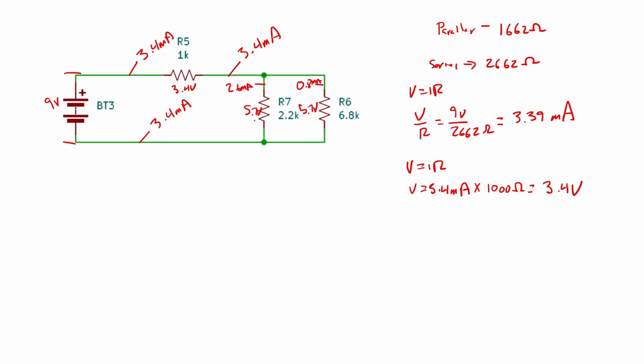Now this part, we know the effective resistance, basically the net effective resistance of these two in parallel. And we know it's going to be 3.4 milliamps again. So 0.0034 amps, which is what we should use up here as well, of course, times 1662 ohms gives us 5.65 volts, which is pretty close to 5.7 volts.